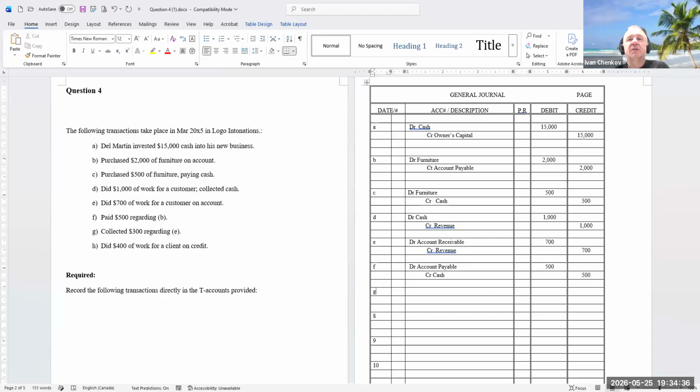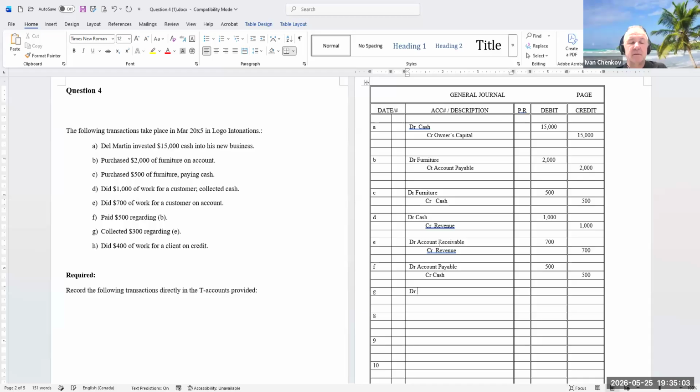Let's go with letter G now. Now we're collecting something that happened in letter E. In letter E, what do we have? What happened? We provide the revenue, but the client didn't pay. Now the client's going to pay us. What are we going to collect?